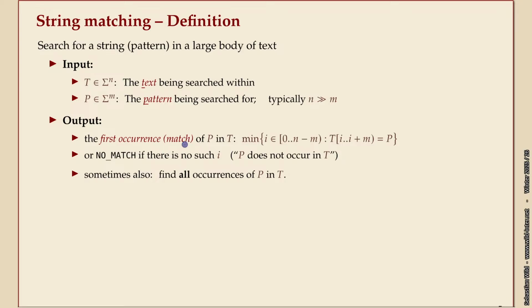The easiest might be to think about finding the first match of the pattern in the text. For read mapping, probably you want to do all occurrences of the pattern in the text. If the pattern does not occur at all, then we return some dummy value. Right. Maybe also keep that in mind. The way the notation is defined, you can quickly say a length m substring of the text starting at i is this. So if that's the same as the pattern, that's a match.